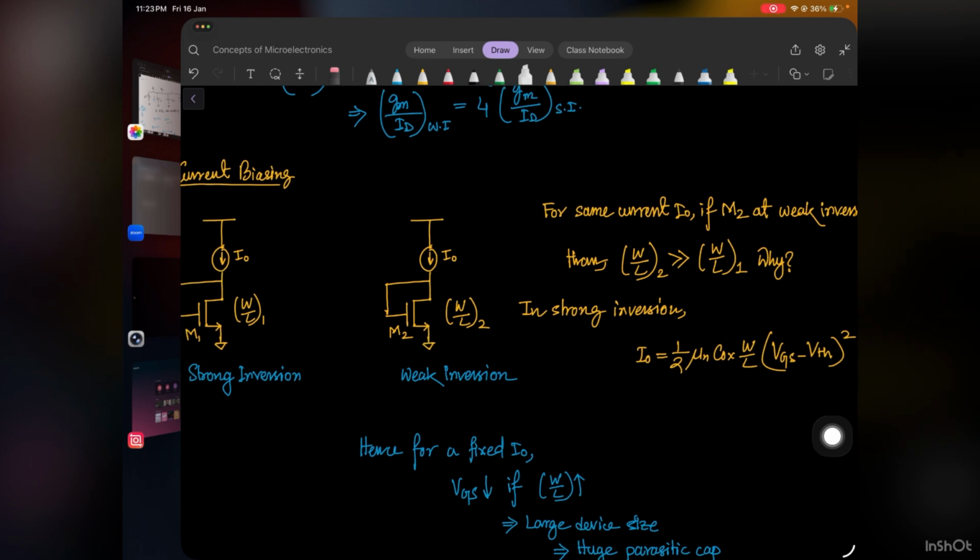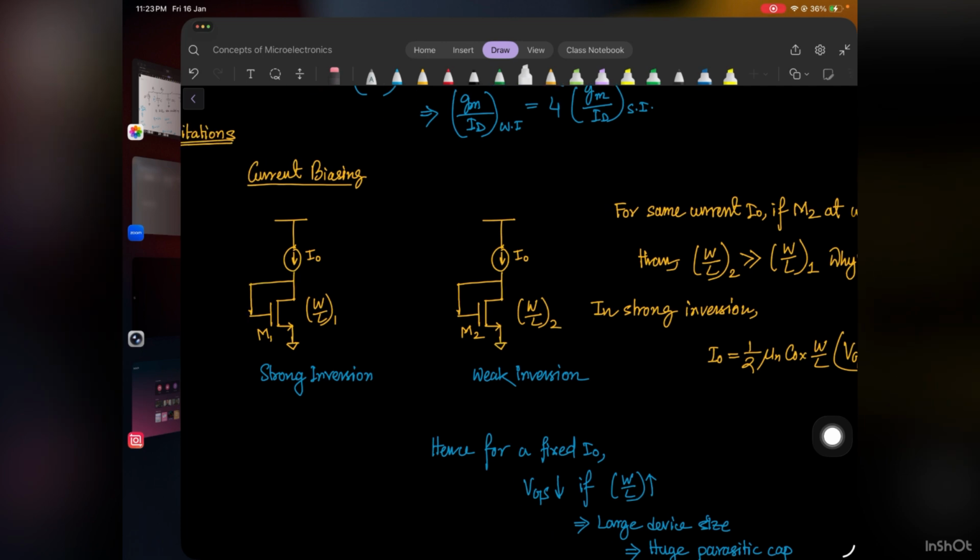Clearly, we know the equation of drain current, in this case I0, is half mu n Cox W by L times VGS minus VTH squared. If you want to reduce VGS, you definitely have to increase the W by L ratio. So for weak inversion, the W by L ratio is much higher than in strong inversion, for a given current I0.